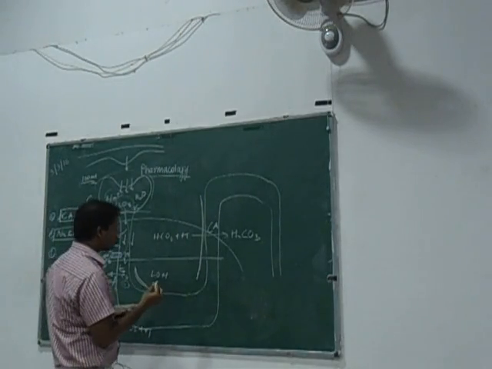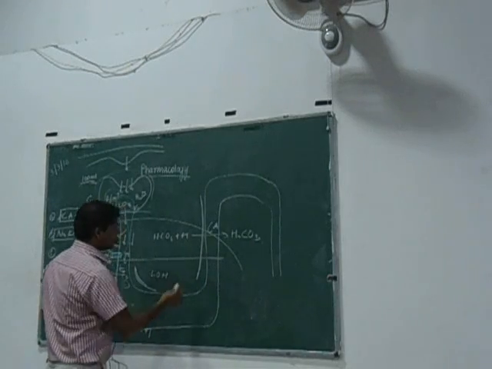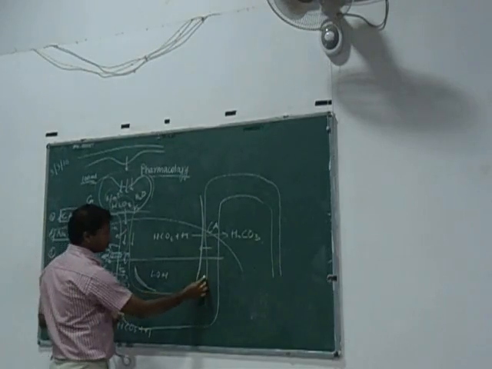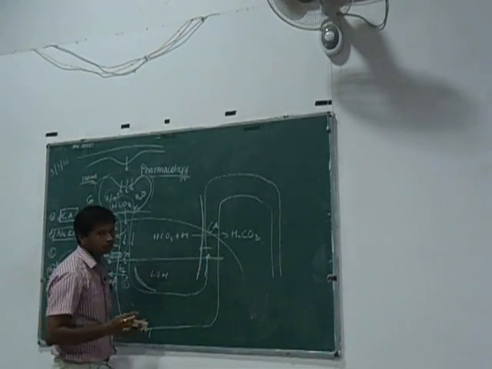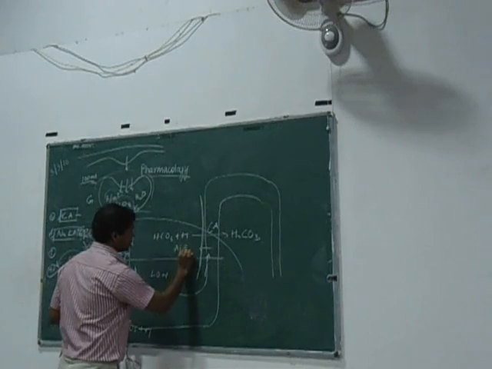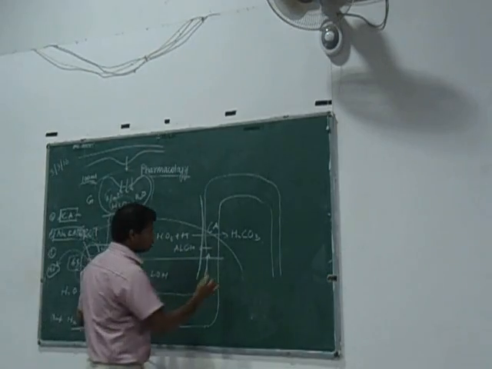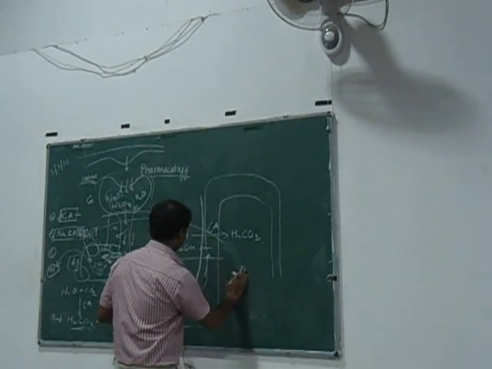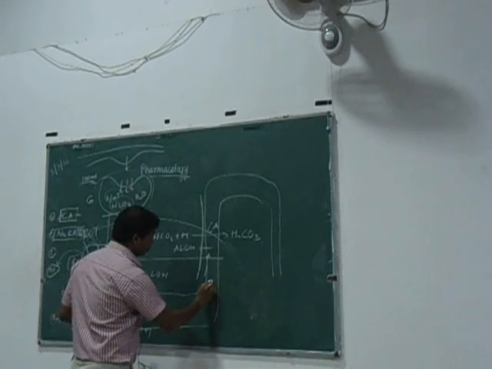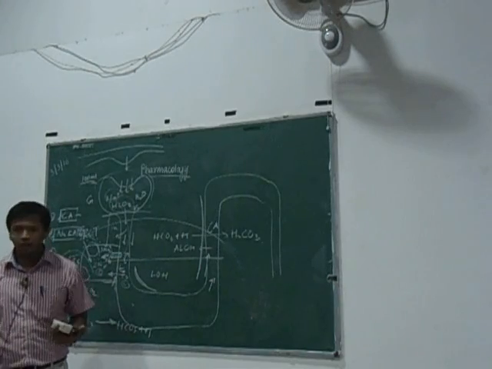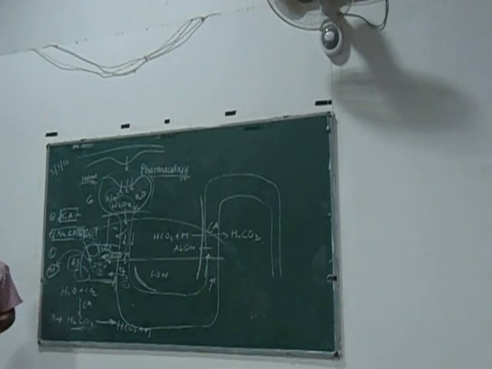I want to tell you about one more group of cells. What we call here is the loop of Henle, going up, the ascending loop of Henle. We said that unless it is for ADH, we cannot have any solutes or solvents, for example water, going out.